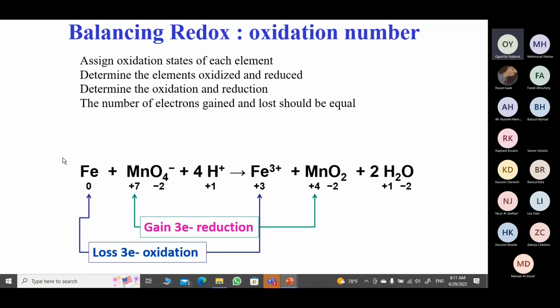Okay, and here in front of the iron, I don't have any stoichiometry on it. It's a 1-to-1. So if I have 3 electrons here, it remains loss of 3 electrons. Let's say this was a 2. It means that I have to multiply the 3 by 2 if I have stoichiometry. Manganese is also 1-to-1.